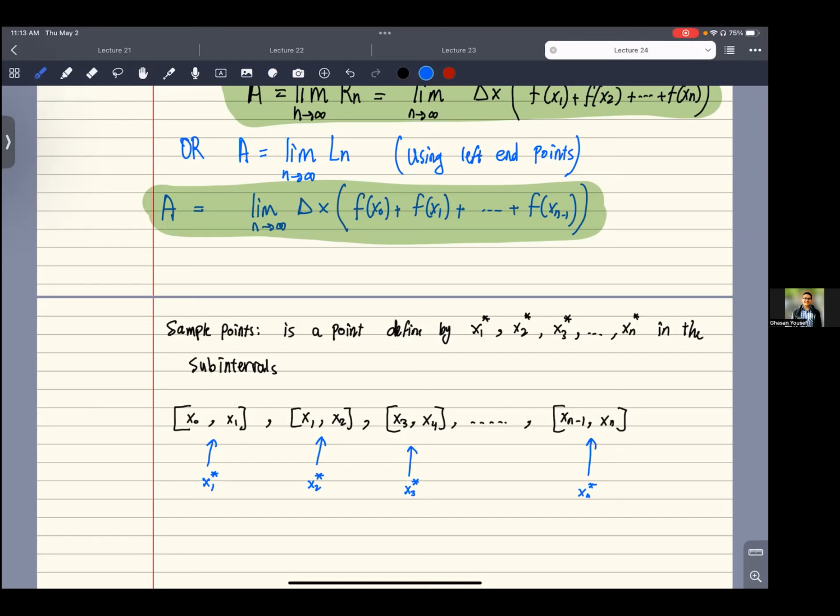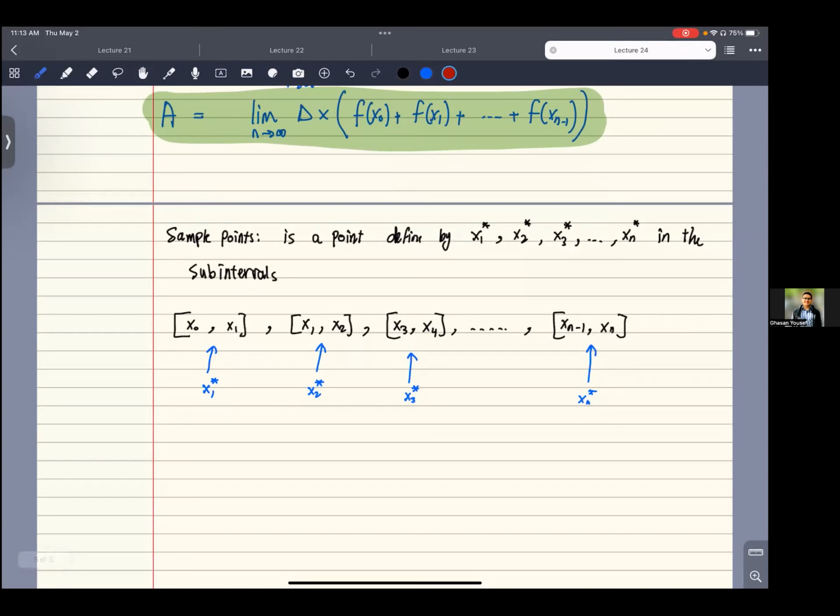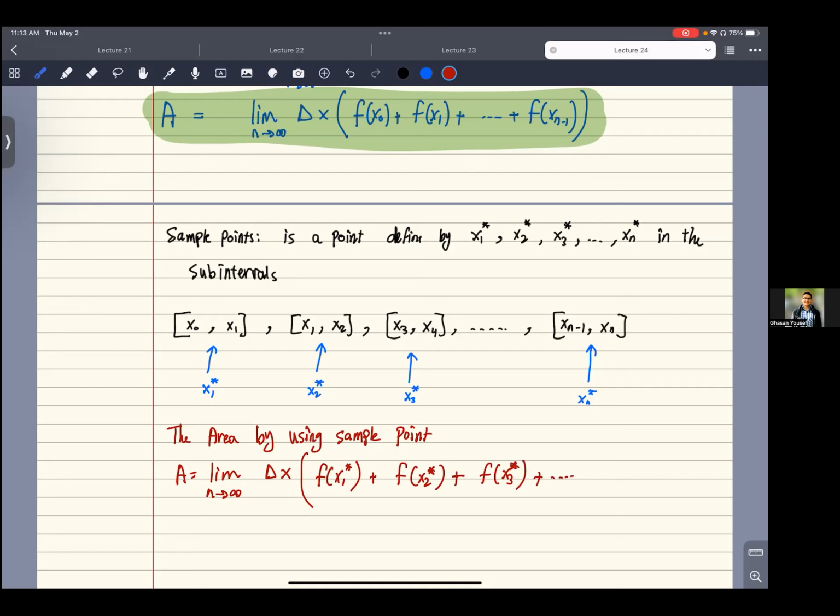And if I want to define the area by using the subinterval, the area by using sample points, I can define it as area equals the limit when n goes to infinity of delta x times, but here the function is different, it will be like f of x1 star plus f of x2 star plus f of x3 star plus f of xn star.